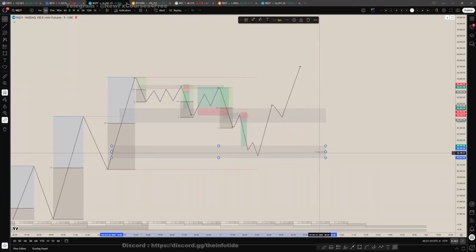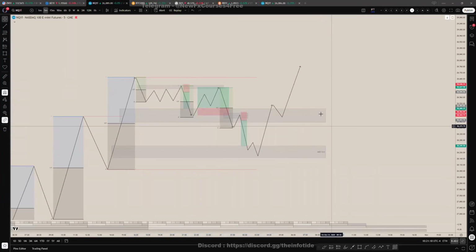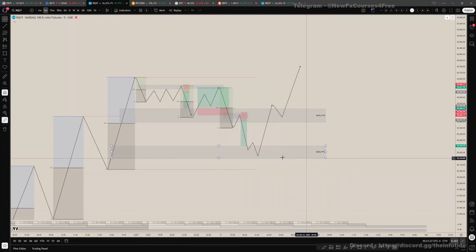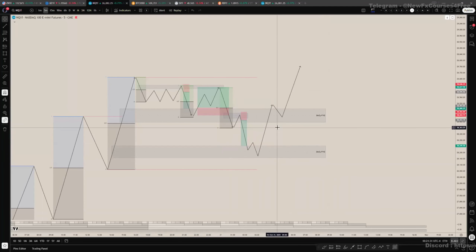And I'll just annotate this so it's clear for you guys. Yeah, for example, right? So that's pretty much how I'm aligning these time frames together.